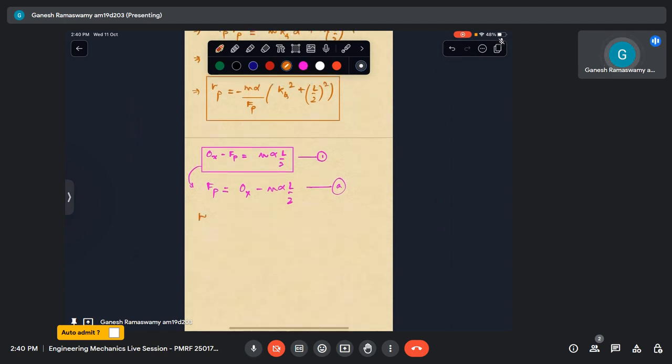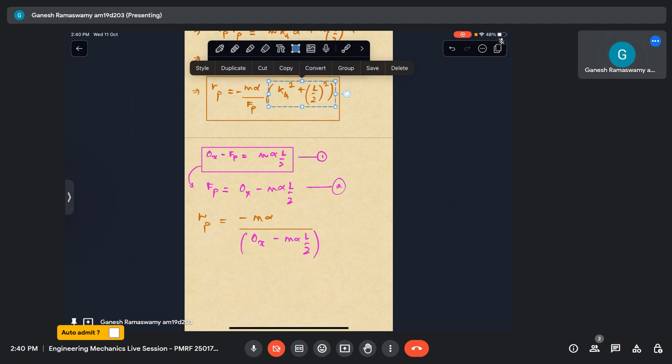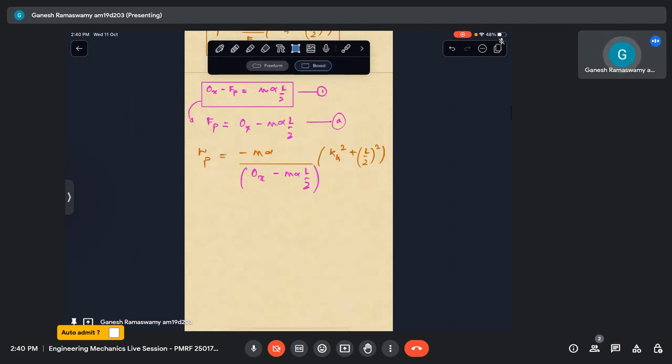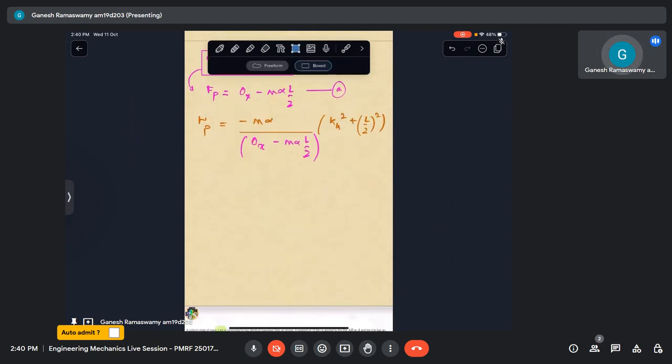This gives me Rp is equal to minus m alpha divided by Fp, where Fp is Ox minus m alpha L by 2, into this quantity. So this is my actual variation of Rp.